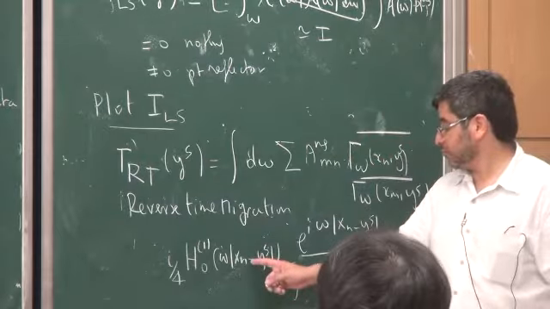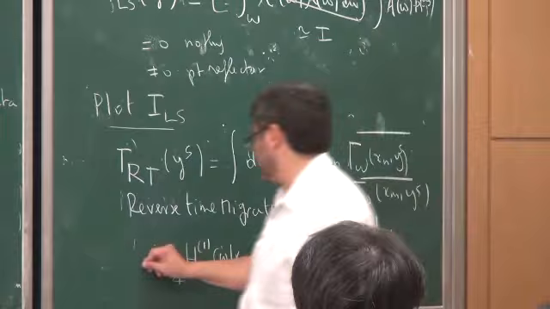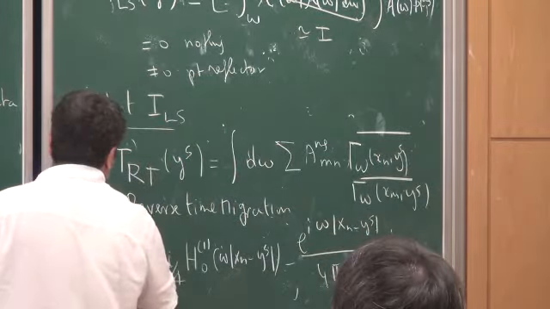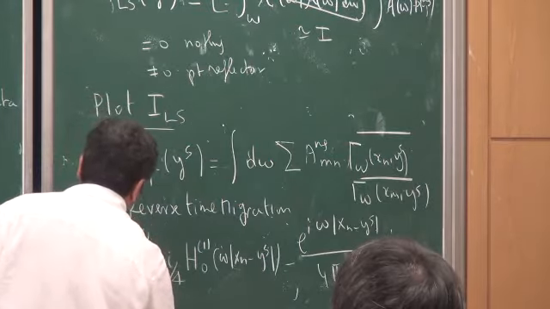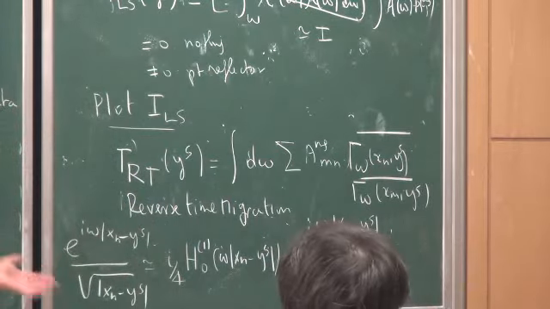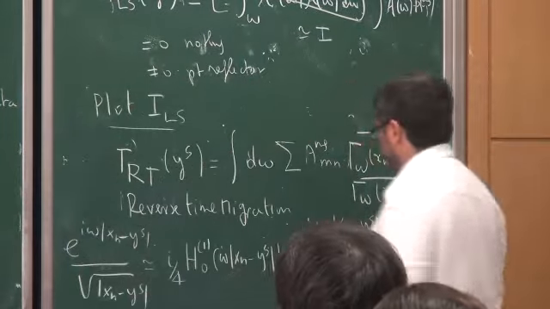But when xn minus ys is very large, it can be approximated by the same exponential i omega xn minus ys over square root of xn minus ys, up to some constant. It's a high frequency approximation of this function.